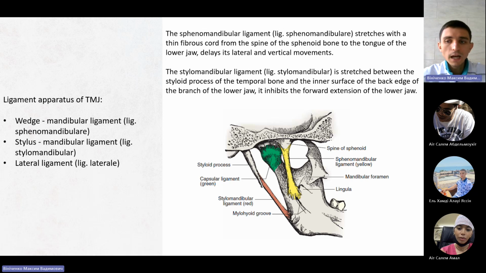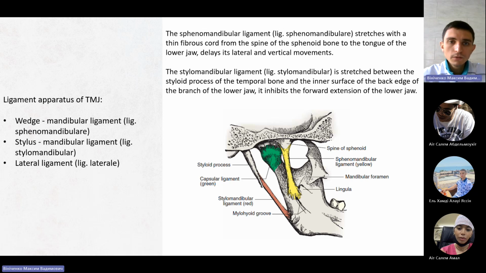It delays its lateral and vertical movements. The stylomandibular ligament, red color, is stretched between the styloid process, here is the styloid process of the temporal bone, and the inner surface of the back edge of the ramus of the lower jaw.